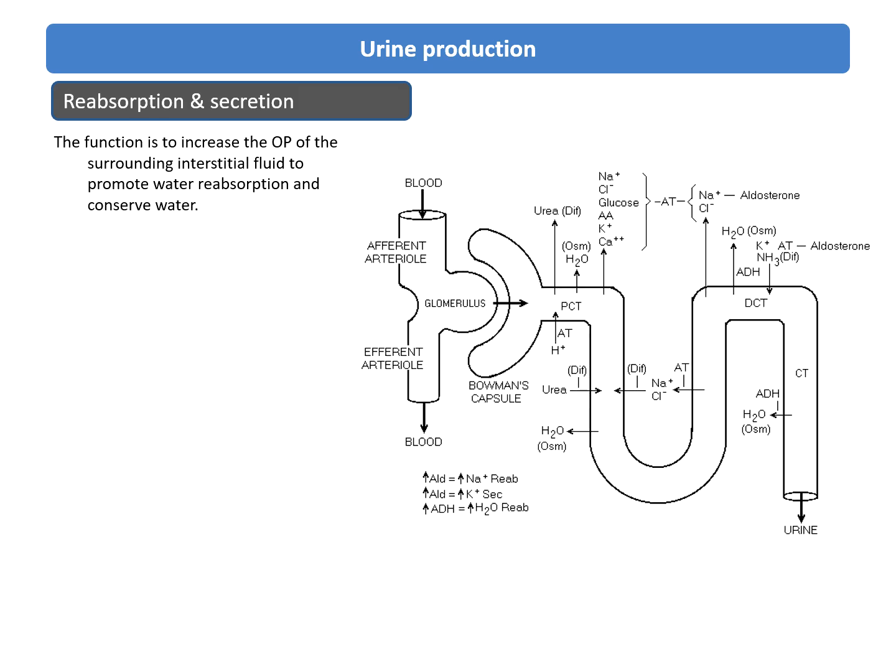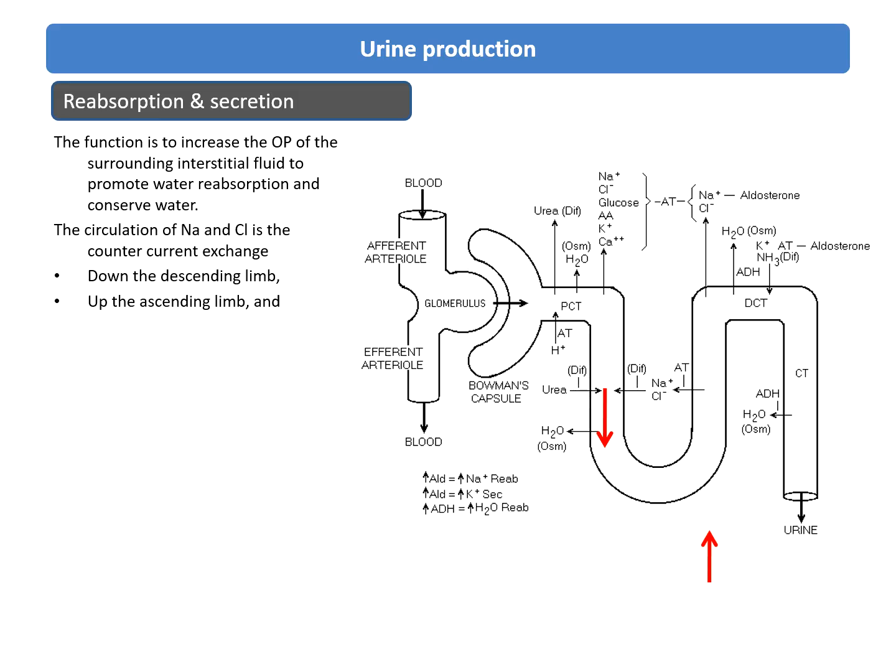The function of countercurrent exchange is to increase the osmotic pressure of the surrounding interstitial fluid to promote water reabsorption and conserve water. The circulation of sodium and chloride is the countercurrent exchange. The fluids move down the descending limb, around the loop, and up the ascending limb.